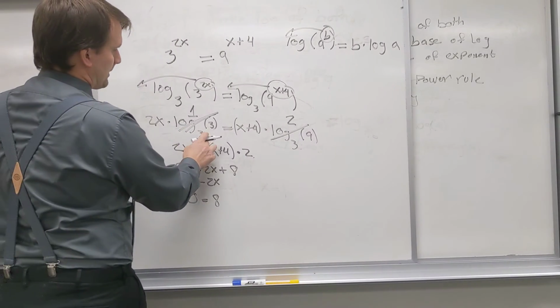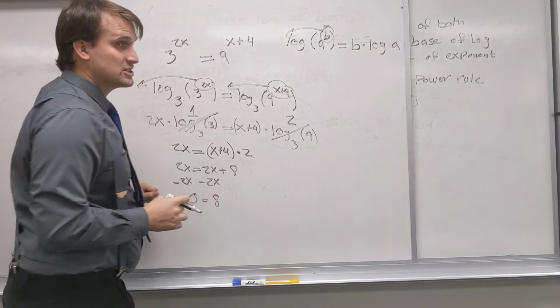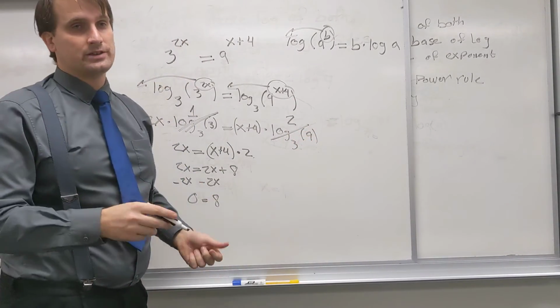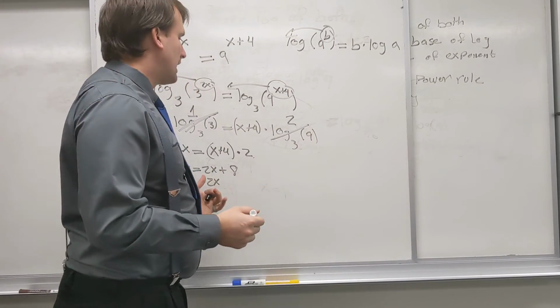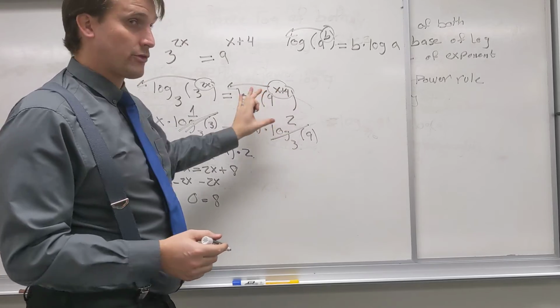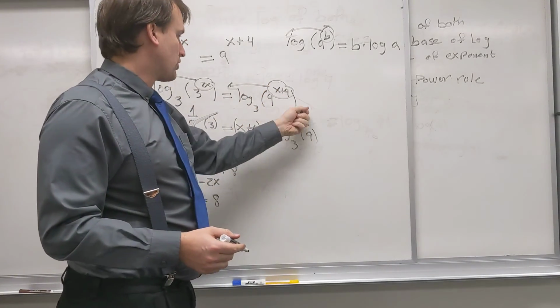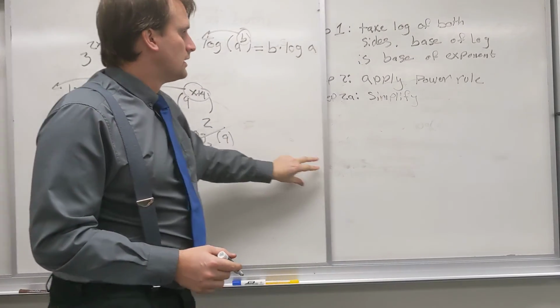We don't want to write log base 3 of 3 when we could just write 1. We don't want to write log base 3 of 9 when I can just write 2. Now, if I got log 3 of 8, well, that's going to be 1.8765309. And I don't want to have to write that out. So I'm going to keep that as log 3 of 8 if that's what I have. But if it's a whole number, if it's something that's going to go nicely, there we go, easy.